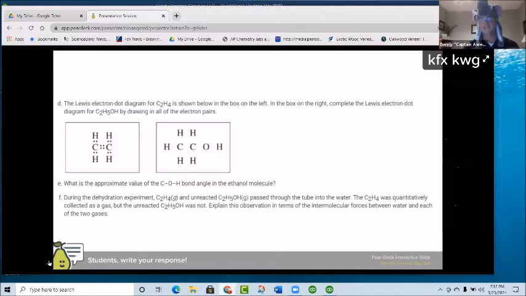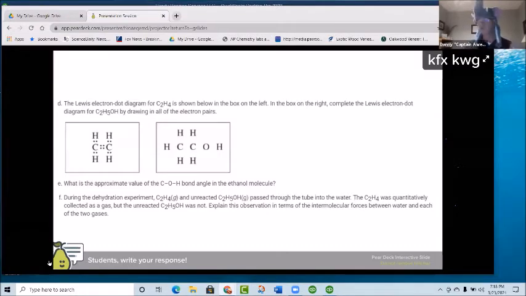The C2H4 came up out of the water, but the C2H5OH did not. So it asks you, why do you think that's true? If the C2H5OH didn't bubble out, that means it must have mixed into the water. So that C2H5OH stuck to the water molecules.